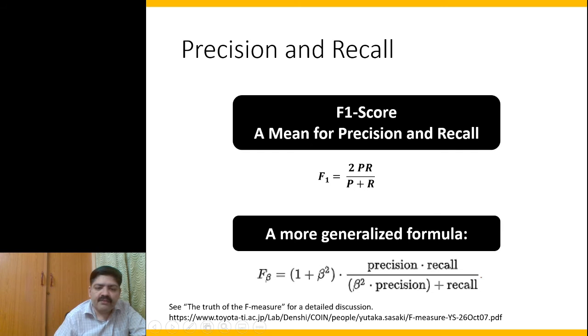Notice that if you make beta 1 in this formulation, you get the same 2PR over P plus R.